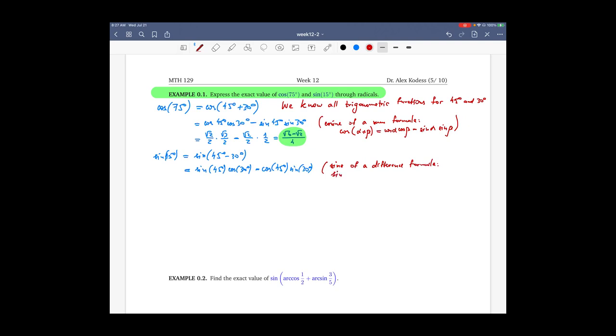Remember, sine of alpha minus beta equals sine alpha cosine beta minus cosine alpha sine beta.